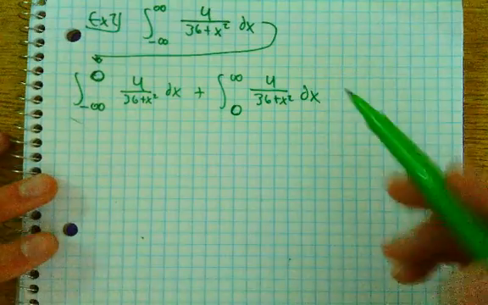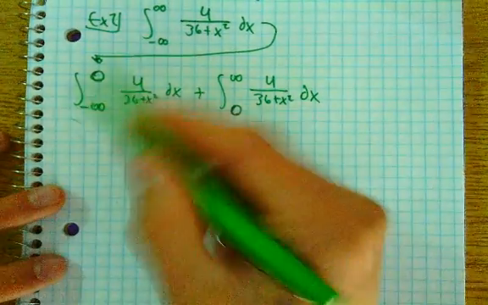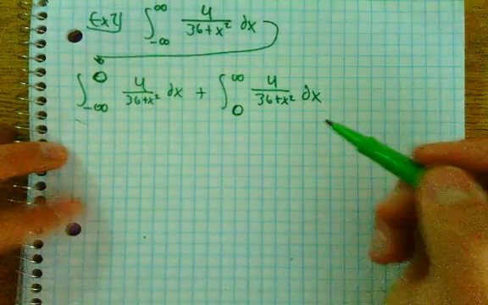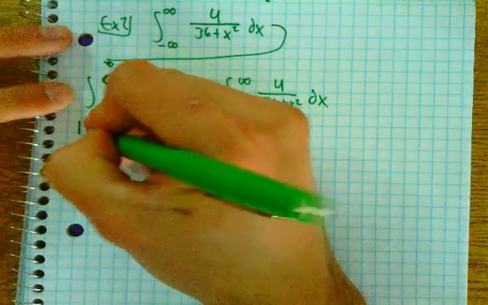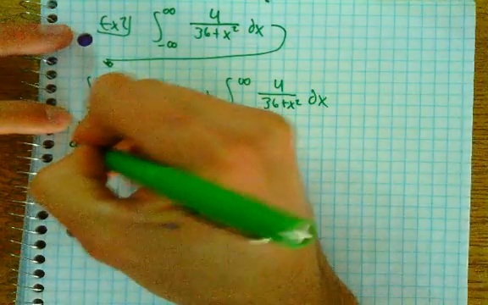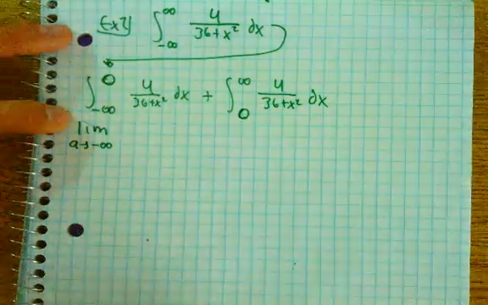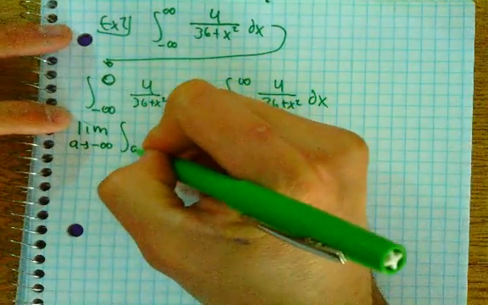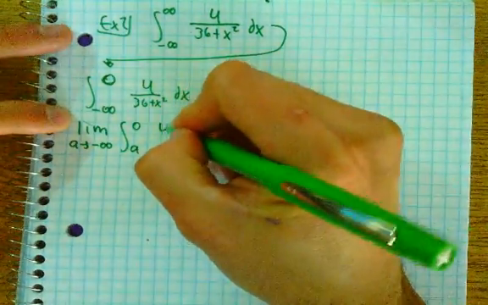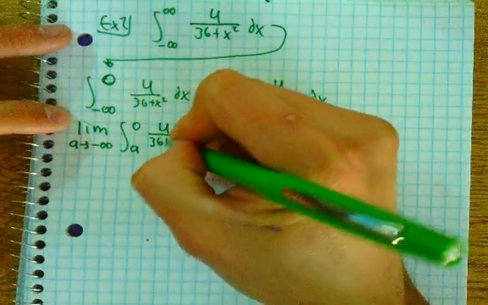Agreed? Okay, so this one, we need to rewrite as a limit. So this is going to become the limit as a approaches negative infinity of the integral from a to 0 of 4 over 36 plus x squared dx.